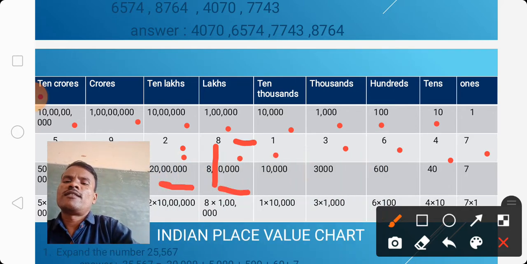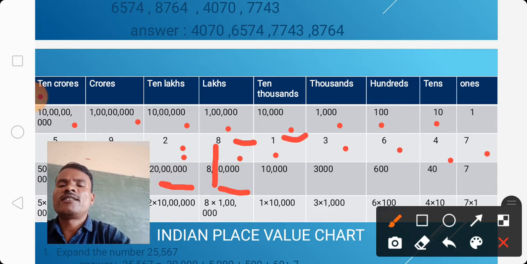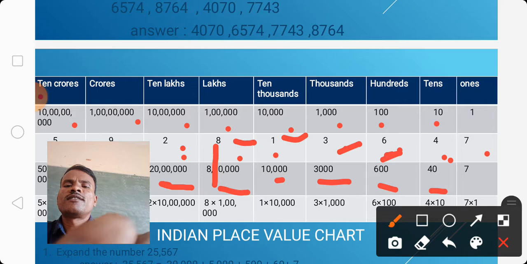Then 1 is in the 10,000 place, that's why it is 10,000. Then 3 is in the 1,000 place, that's why it is 3,000. Then 6 is in the 100 place, so it is 600. 4 is in the tens place, so it is 40. 7 is in the ones place, that's why it is 7.